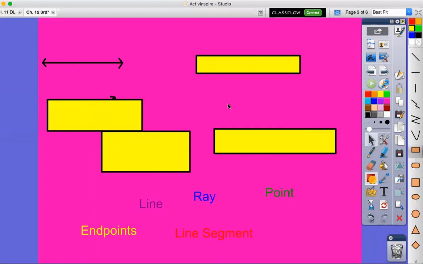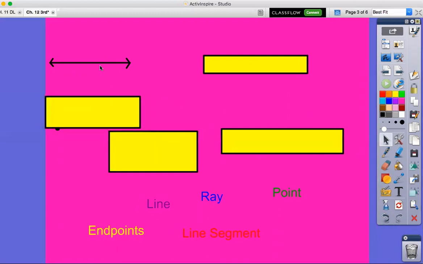All right, so what is this first one that we're looking at right here? You're correct if you said a line. This is a line. Remember, a line goes in both directions forever.